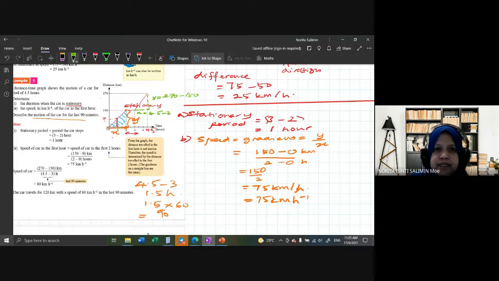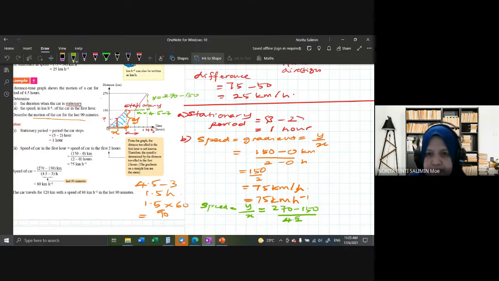So what is the speed? Speed is equal to y divided by x. Y just now is 270 minus 150, divided by x, which is 4.5 minus 3.